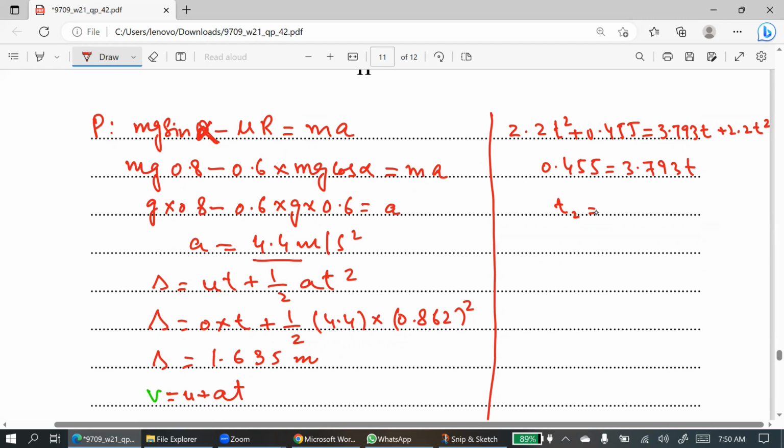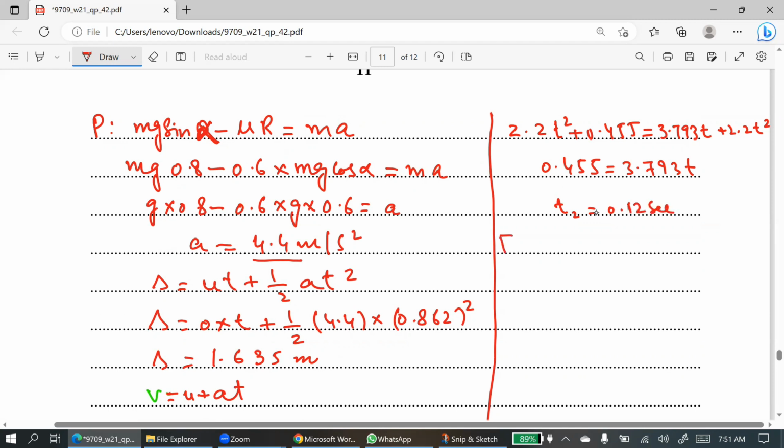Now 0.455 divided by 3.793 is equal to 0.12 seconds.